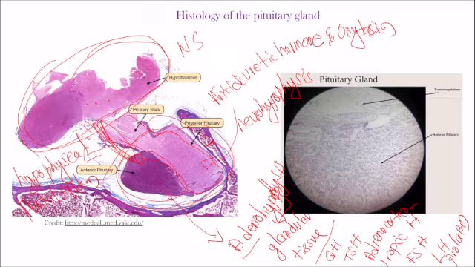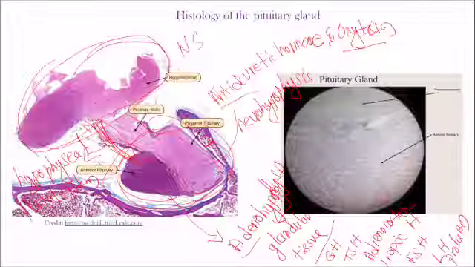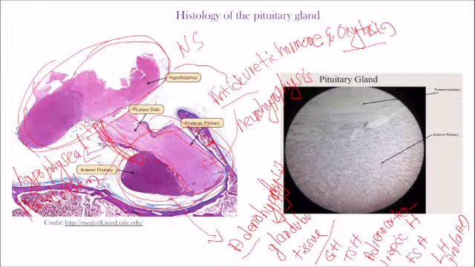Like I mentioned earlier, they don't produce any hormones, but they store these two hormones in this region. These are produced by the hypothalamus. So that is the main thing about this.